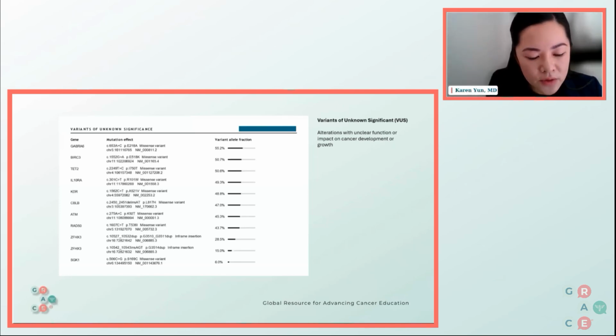And so for those alterations, they get listed under the category of variants of unknown significance. So while they're there, we don't quite have enough information about them at this point to know what their role or significance is.